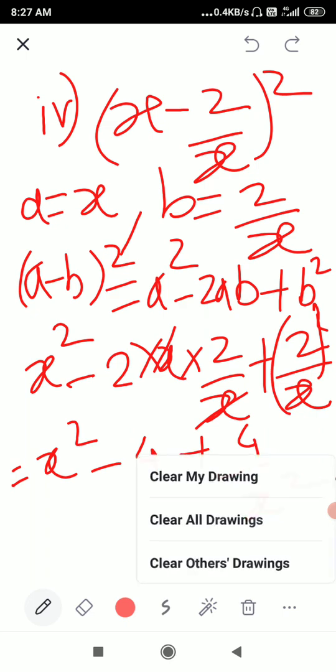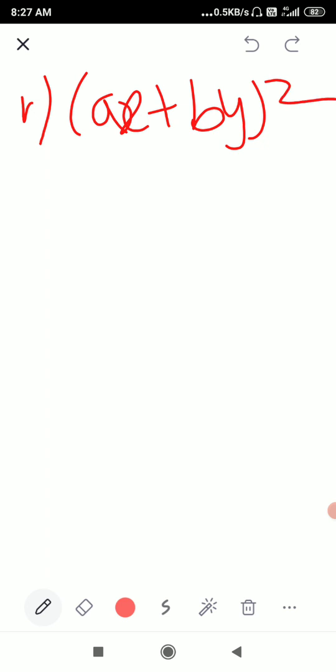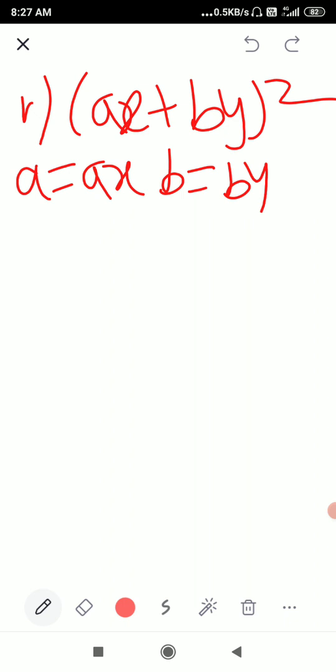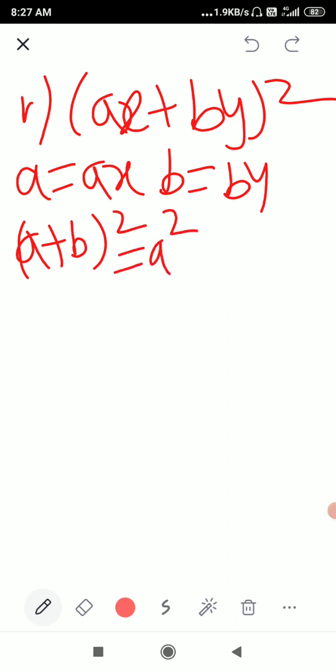Yes, now I will show you the next, the fifth one. So like this only all are there, but some children are not getting it. Yes, a is equal to ax and b is equal to by. Now here the (a plus b) whole square formula only, a square plus 2ab plus b square.